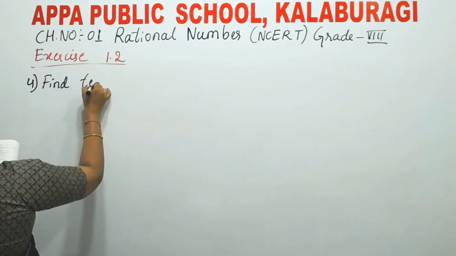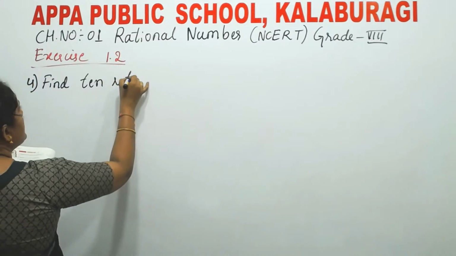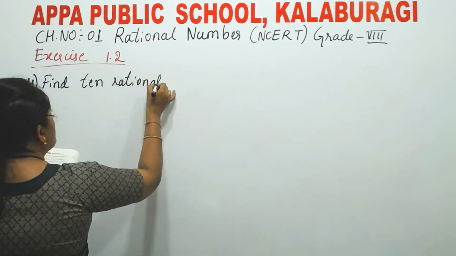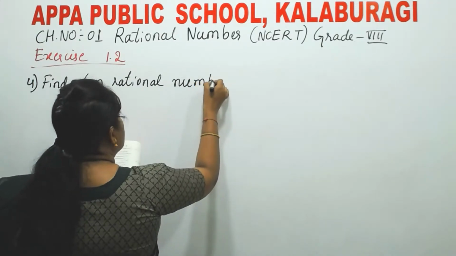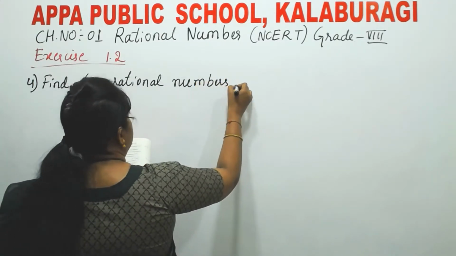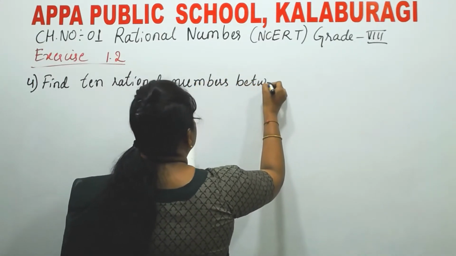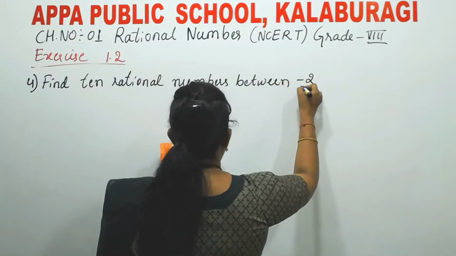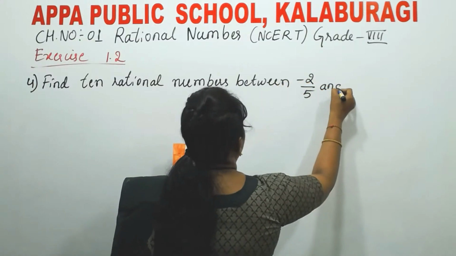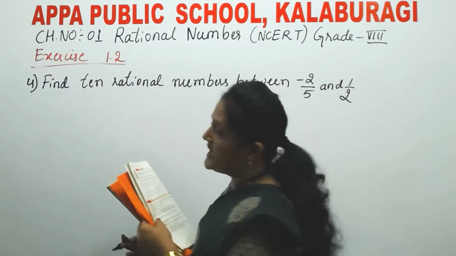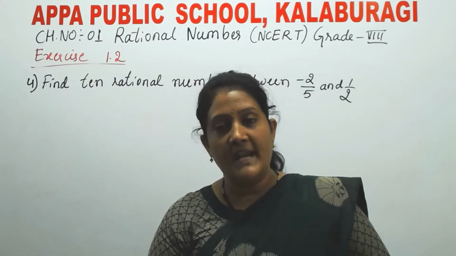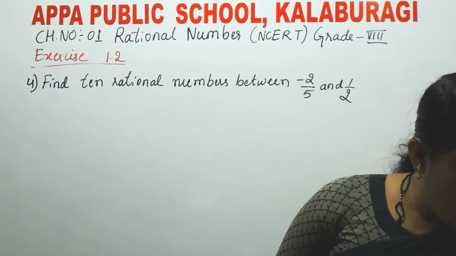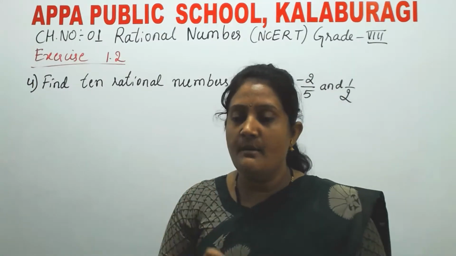Find 10 rational numbers between -2 by 5 and 1 by 2, right? See, once again I'm telling you, infinitely many rational numbers we can write between 2 rational numbers.